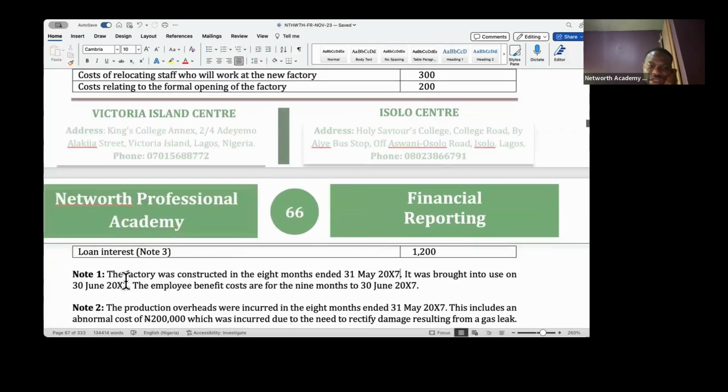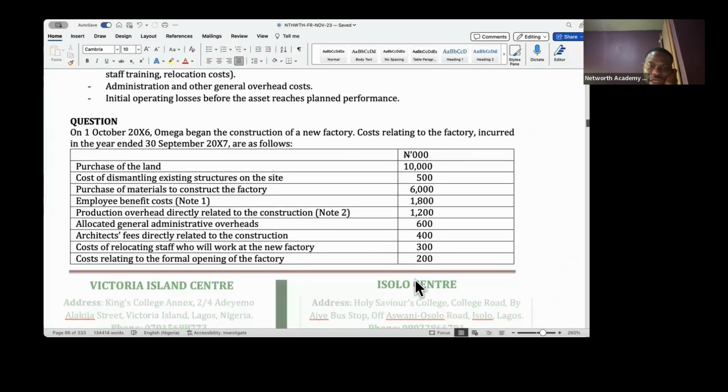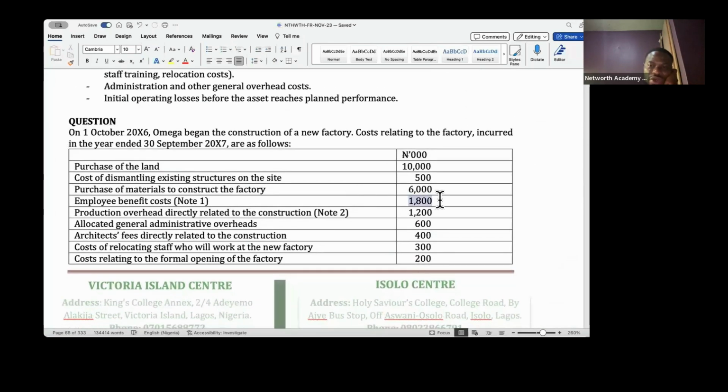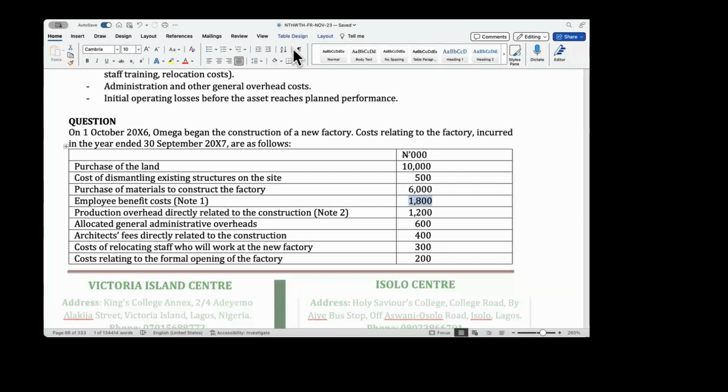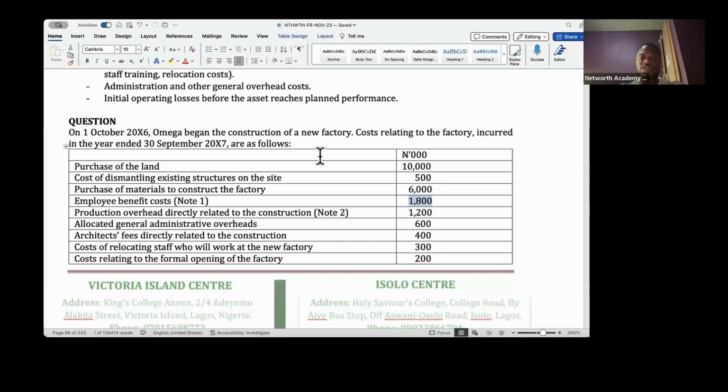Then they started using it in the 9th month. So how much are we capitalizing here in this employee benefit cost? 8 months. That's correct.